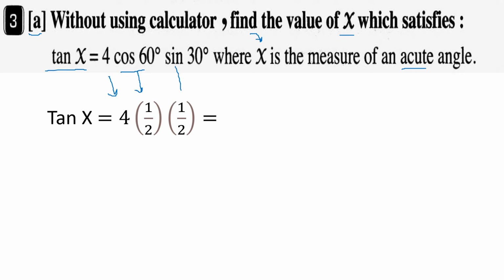Sine 30 also is the same, 1 over 2. When we multiply, I will cancel this and this with the 4, so it will give me 1. Now it's time to find the measure of the angle. So inverse tan of 1, I will put it on the calculator, which will give me 45.